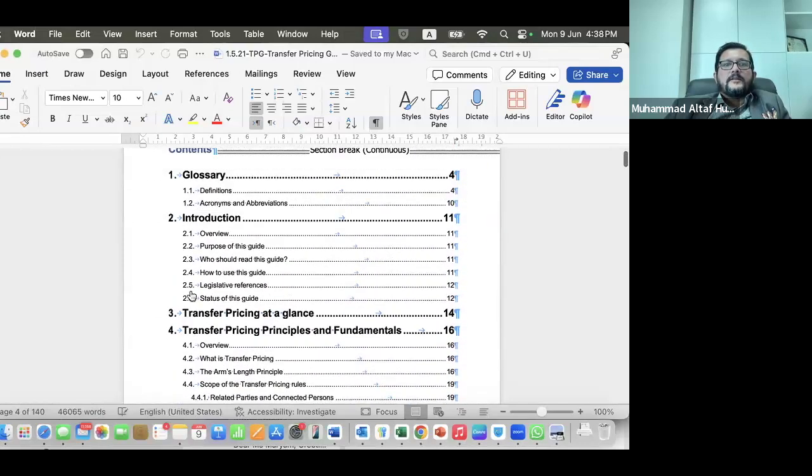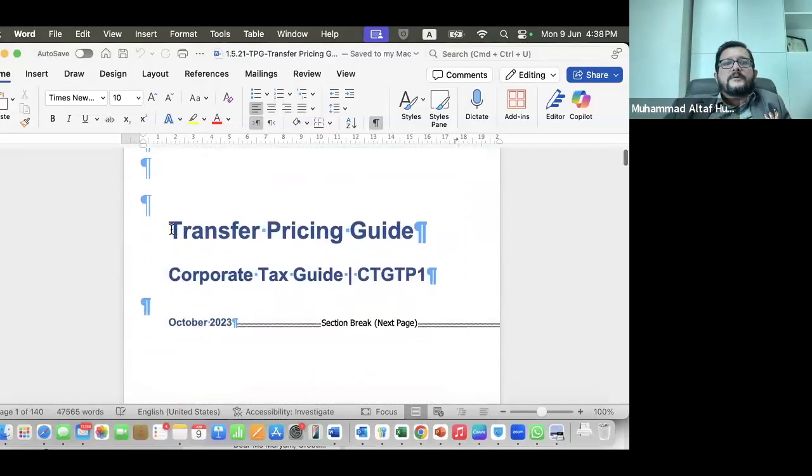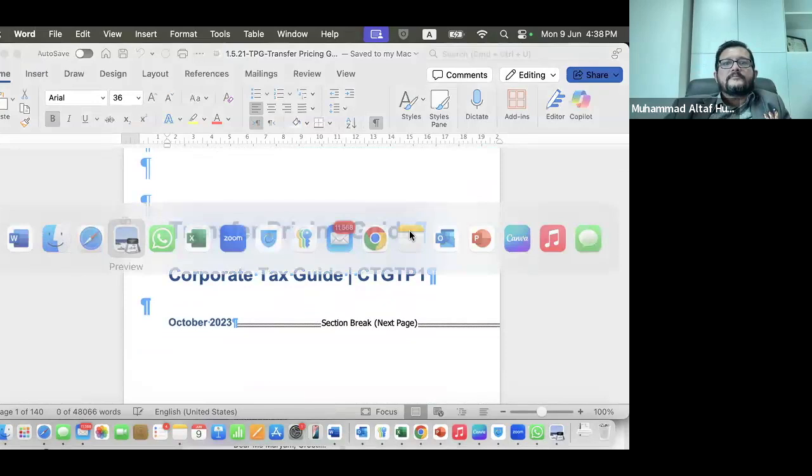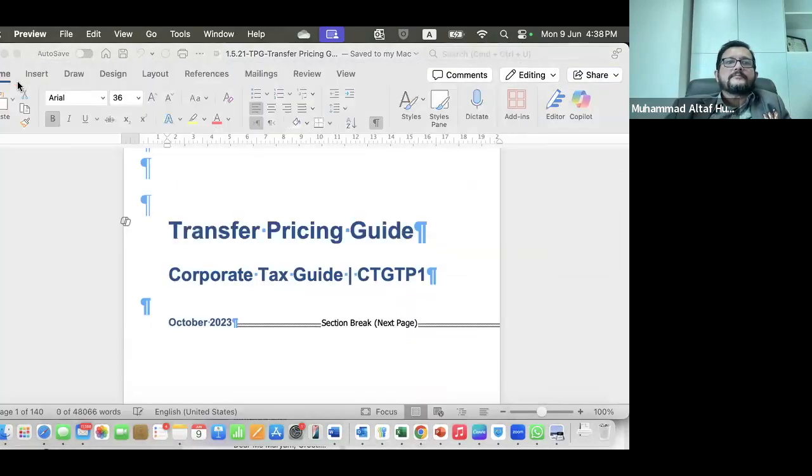Very interestingly, a question should come: it's a guide, but is this part of the legislation? If we don't have any ministerial decision or cabinet decision, then finally we refer back to the guide itself. That's the intuitive answer.